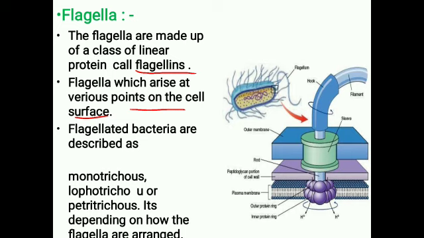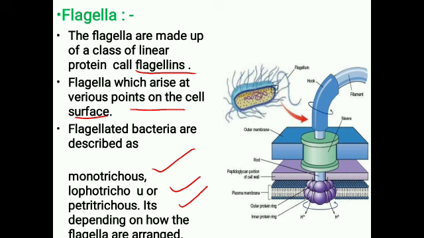The flagella have different arrangements, including monotrichous, lophotrichous, peritrichous, amphitrichous or atrichous. In the previous lecture we already discussed the types of flagella. Atrichous means a bacterial cell without flagella.